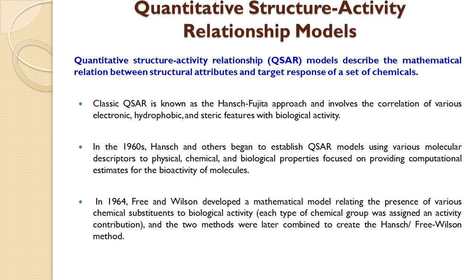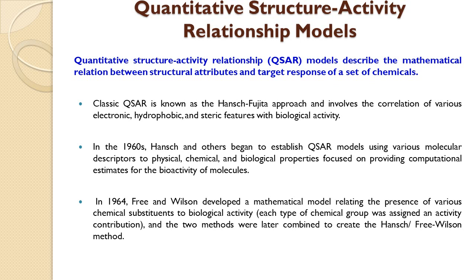Quantitative structure activity relationship models, that is QSAR models, describe the mathematical relation between structural attributes and target response of a set of chemicals. Classic QSAR is known as the Hansch-Fujita approach and involves the correlation of various electronic, hydrophobic and steric features with biological activity.